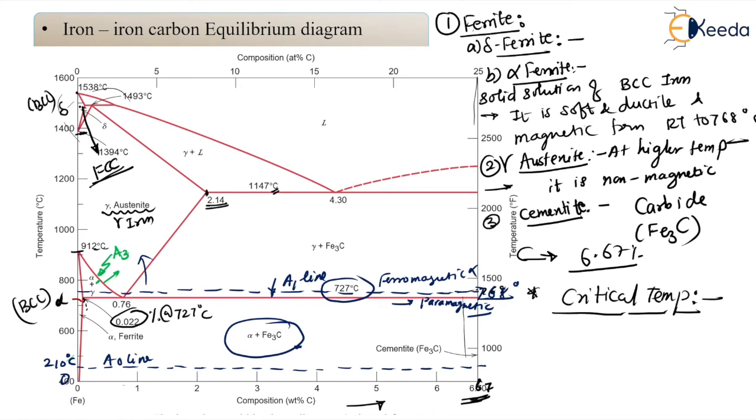Alpha gets 100% converted into what? Gamma, isn't it? So that is why I am saying the A3 line is the last trace of free ferrite, which is going to get dissolved into 100% austenite, dear students. So this is the A3 line.